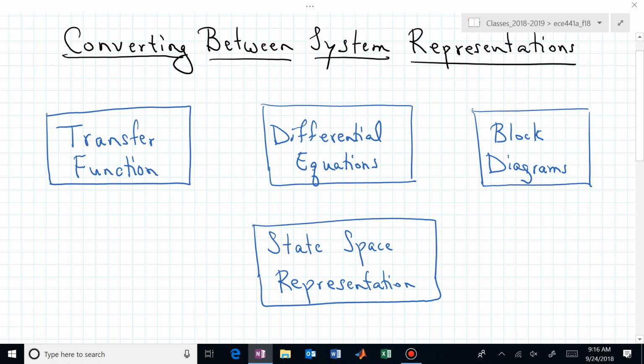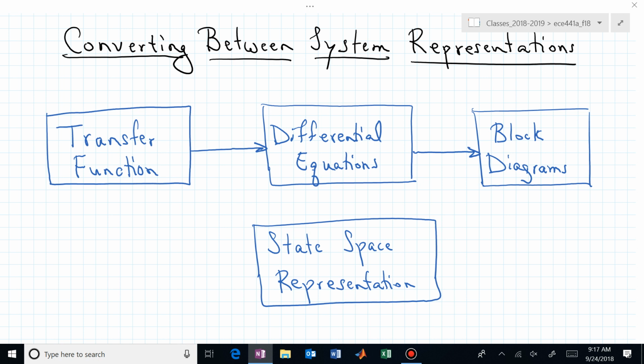We just illustrated how we could go from a transfer function to differential equations by cross-multiplying and going into the time domain. And we also illustrated how we could convert that first order differential equation into an all-integrator block diagram.